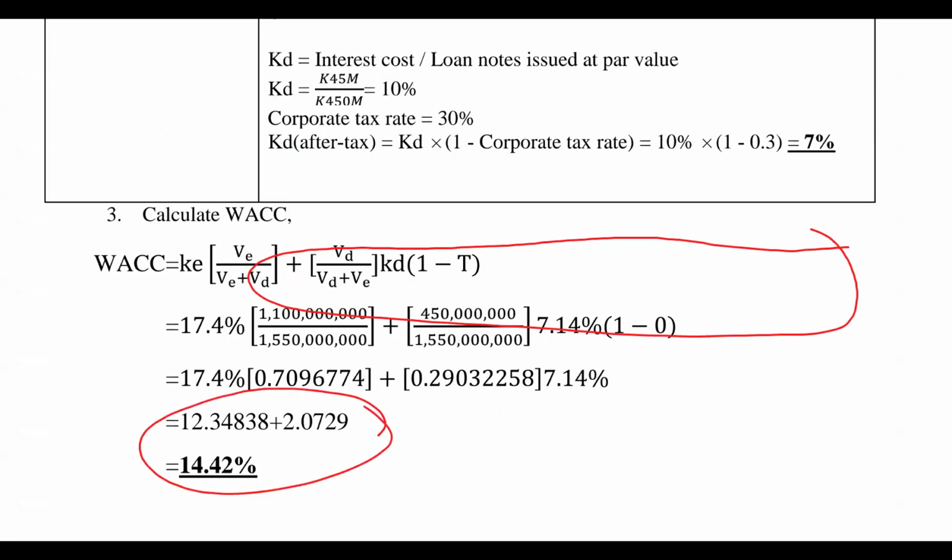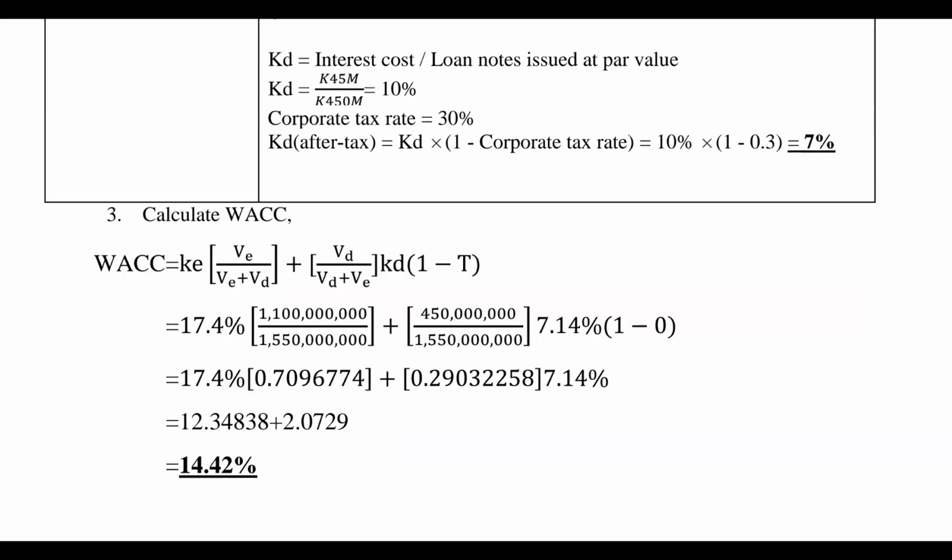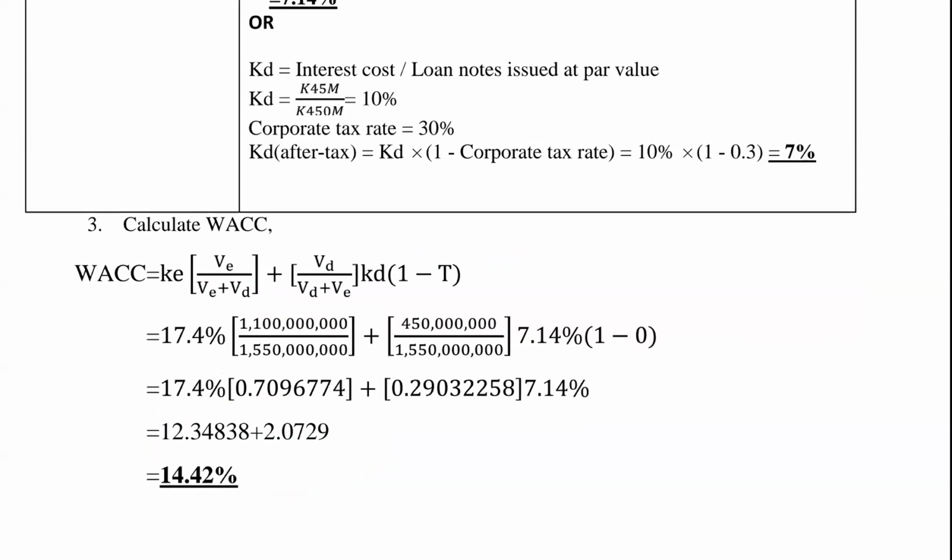This was for, well, the one we found now was what? It's 14 point. I'm still stuck on the 40. It's here, that's why. Yes, 7% is the cost of debt. Yes, I now see.